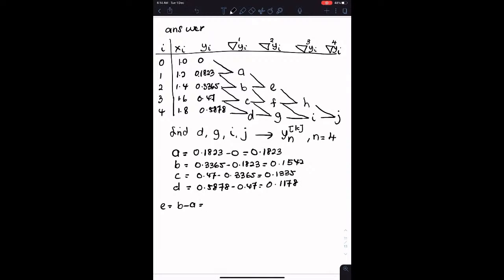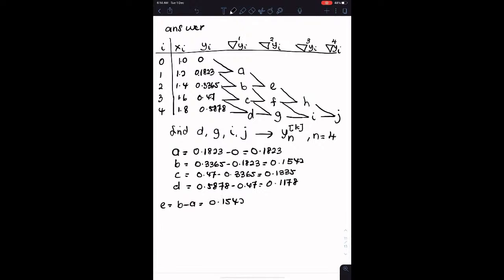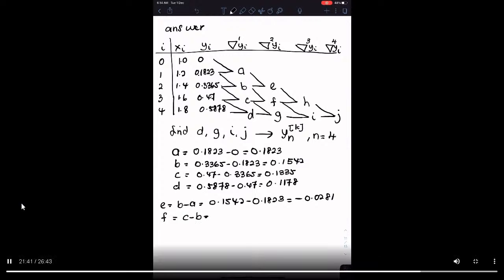E is B minus A, that is y2 minus y1. F is y3 minus y2 for degree 2.